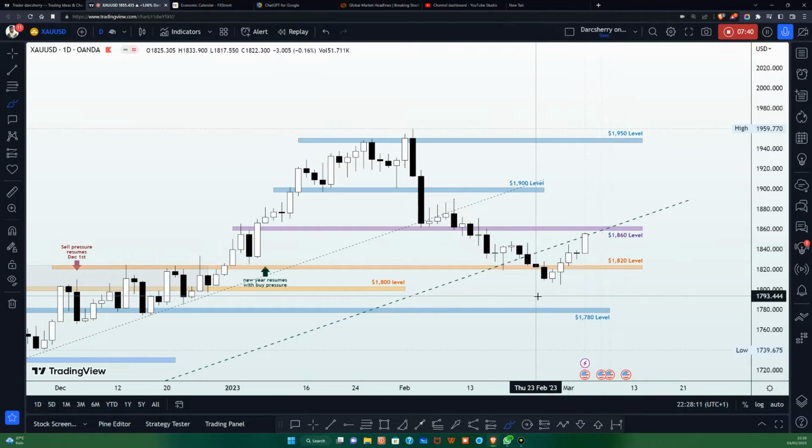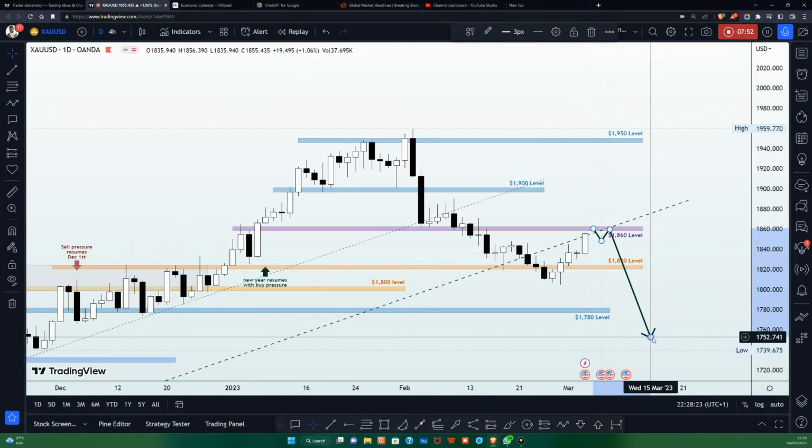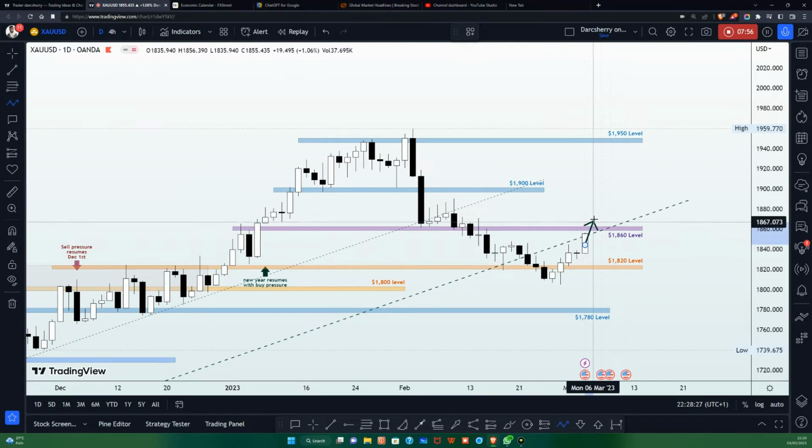So what this simply means is that there are two things that could happen from this current structure. We could have selling pressure resume below the structure on our lower time frame during the new week to incite a sell-off in this market, or we could have a situation where price will climb above that bullish trend line and the 1860, followed by buying pressure above the structure to further emphasize the strength of the buyers in this particular market.